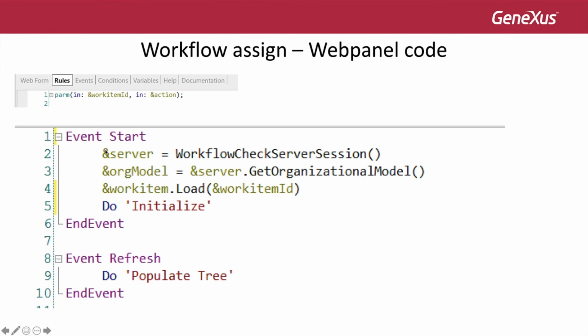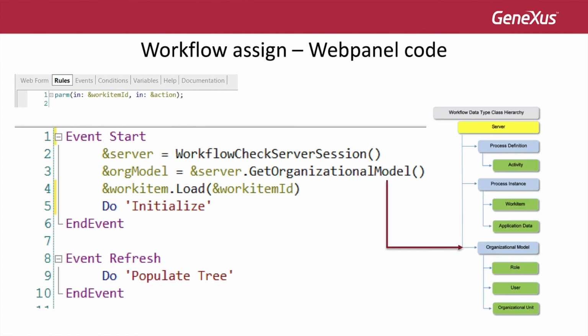The event start will check the workflow session with the workflow check server session procedure, the same as other panels. Then it will get from the workflow server that has been loaded the organizational model, which is part of the server.